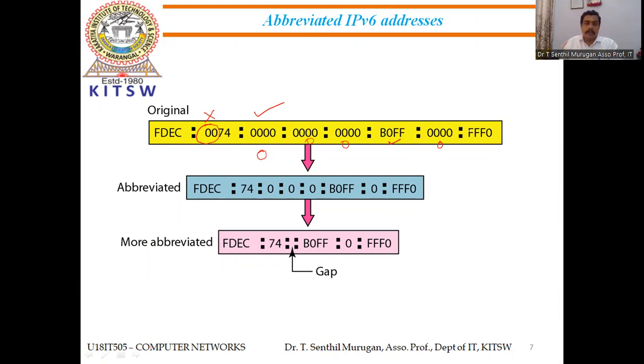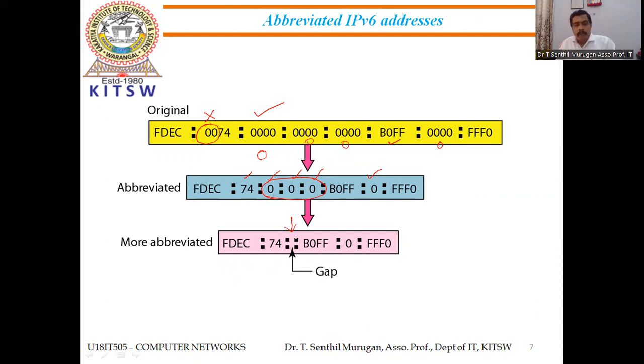Here no leading zeros. So what happened? Here remove two zeros. Here remove, instead of 0010, like this. So here also we write. So in this abbreviated form, these consecutive zero blocks are there. So once they are there, we can just remove all the zeros. We will keep only a double colon.